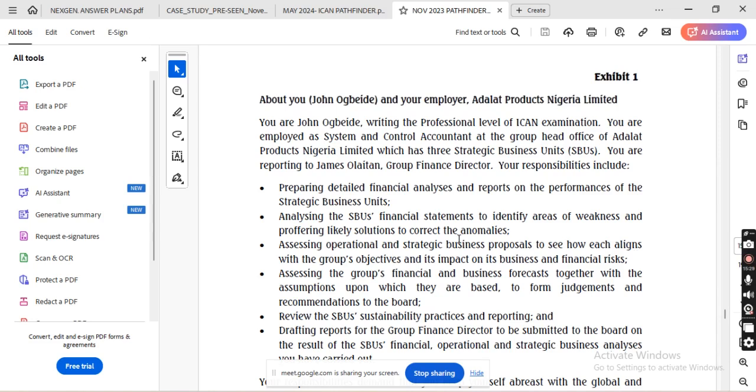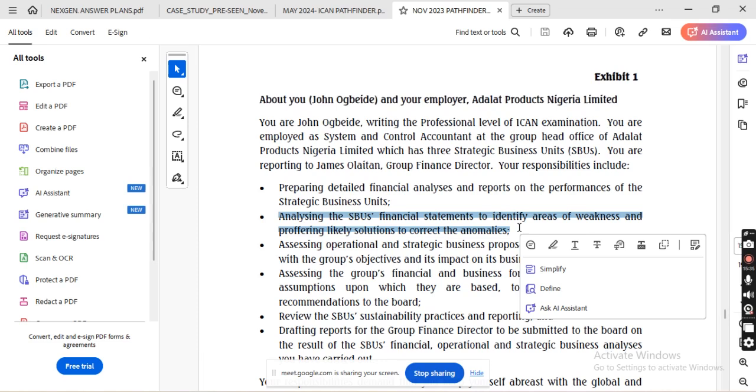Analyzing the SBU financial statements to identify areas of weakness and providing likely solutions to correct anomalies. Now, class, the first one says that you should prepare detailed financial analysis.